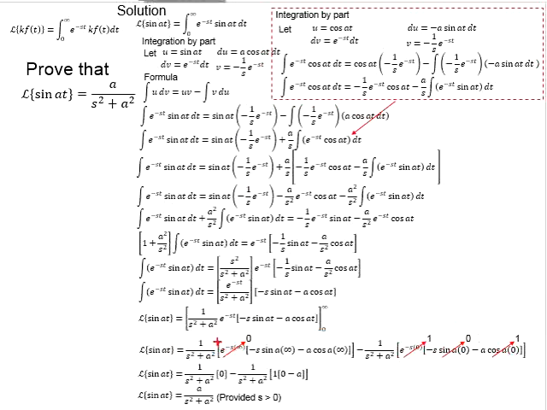You know that e power of infinity will be equal to 0, while e power of 0 will be equal to 1. Solve the integration, you will get this. This is the exact outcome that you are asked to prove in the question.